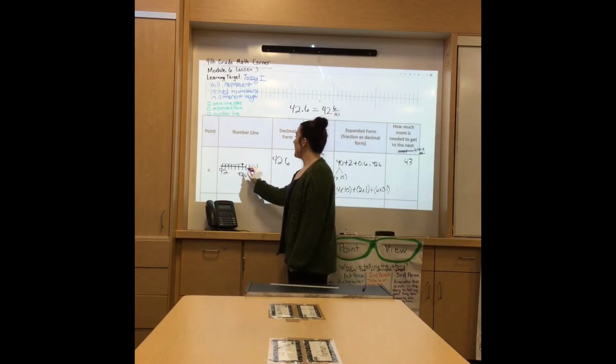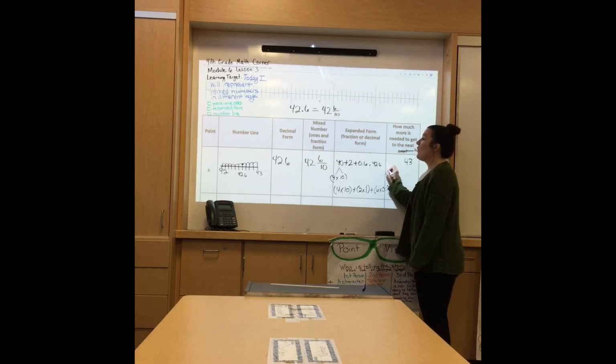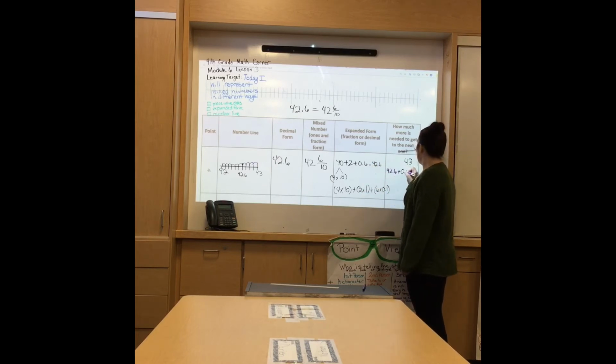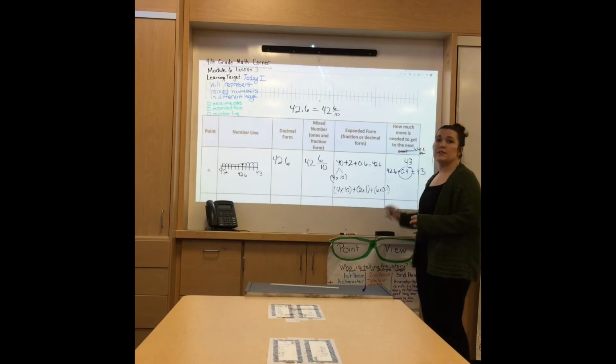So we can go 0.1 tenth, 0 and 2 tenths, 0 and 3 tenths, 0 and 4 tenths. So we know we have to add 42 and 6 tenths to 0 and 4 tenths to get 43. So we know that we need 0 and 4 tenths more to get to the next whole number.